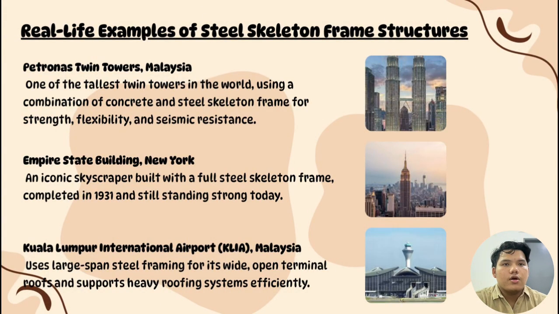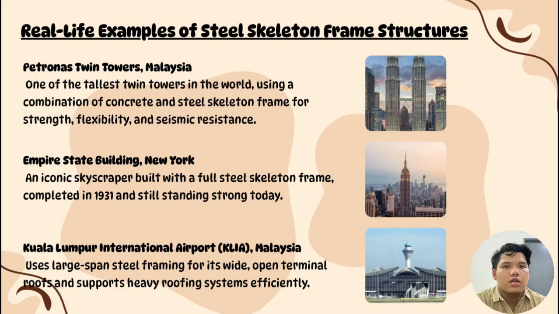Real-life examples of steel skeletal frame structures. First, Petronas Twin Towers, Malaysia, one of the tallest twin towers in the world, using a combination of concrete and steel skeletal frame for strength, flexibility, and seismic resistance.